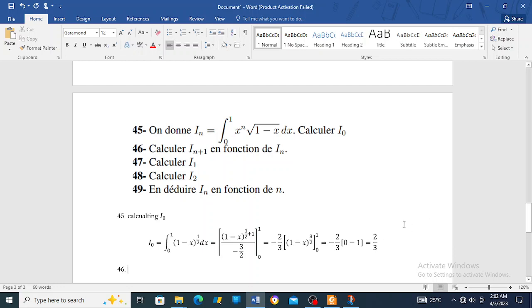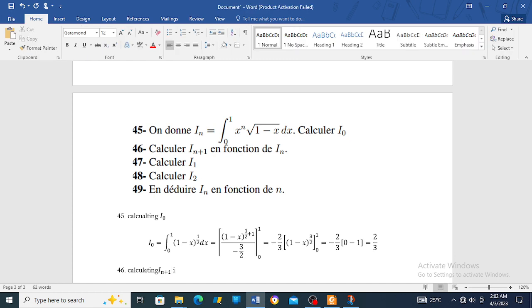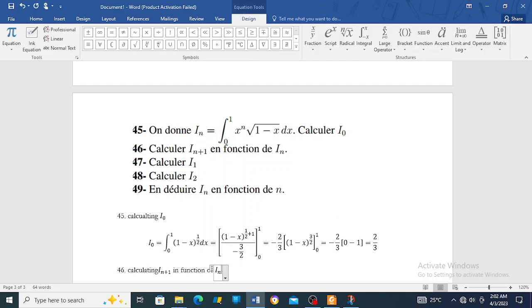Calculate I_{n+1} in terms of I_n. So we are calculating I_{n+1} in function or in terms of I_n.